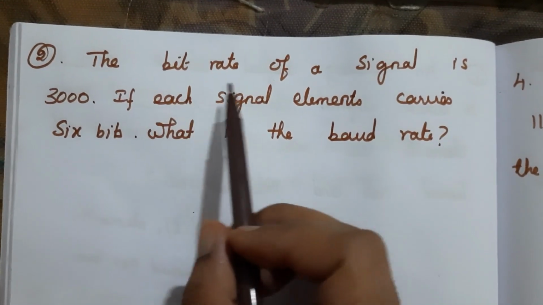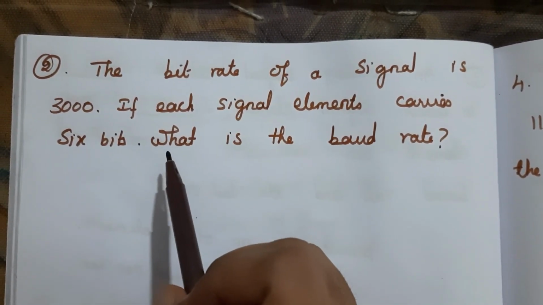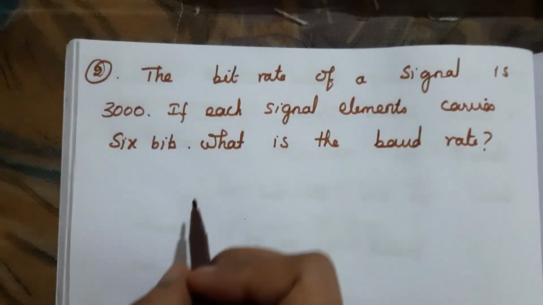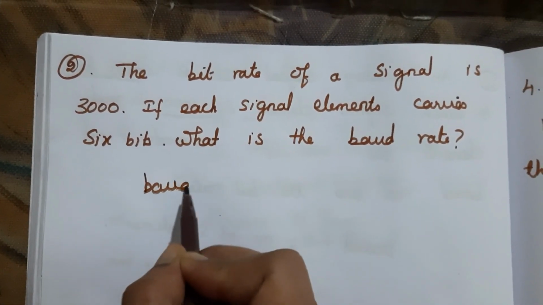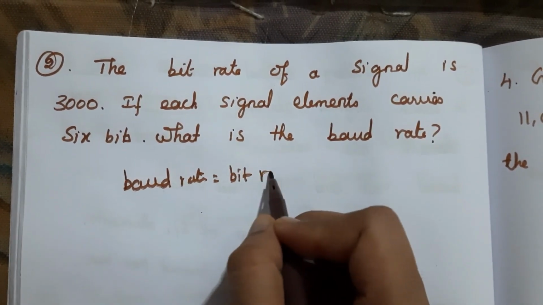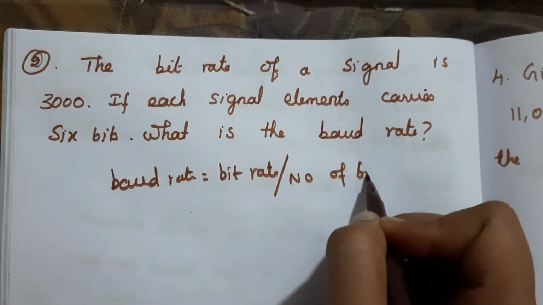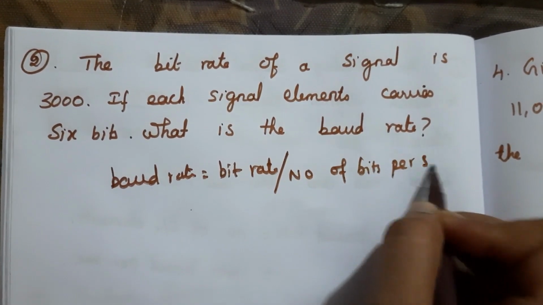Next question, the bit rate of a signal is 3000. If each signal element carries 6 bits, what is the baud rate? And baud rate, we can find from this equation, bit rate divided by the number of bits per signal element.